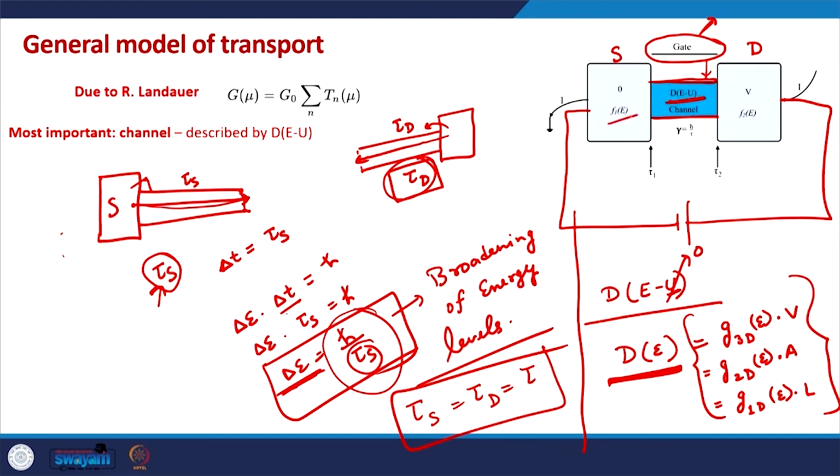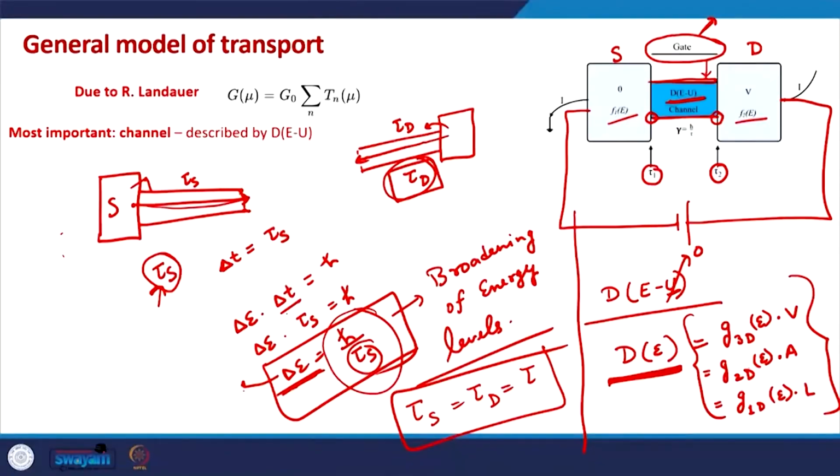We have defined the electronic distribution in the source and drain by their Fermi functions, and we have defined the connection between the source and the channel by tau s or tau 1, and the connection between the channel and the drain by tau d or tau 2. So now we have all the parameters with us.